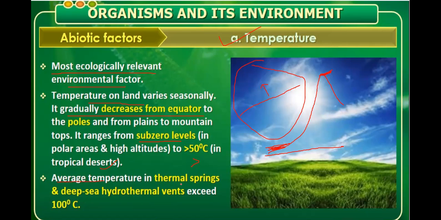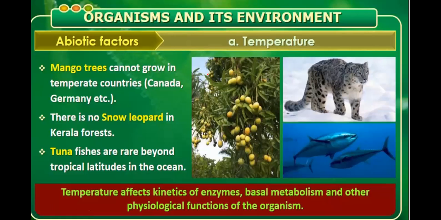The temperature in thermal springs and deep sea hydrothermal vents may exceed 100 degrees. There are some spots on Earth like deep sea and thermal springs where the temperature may be up to 100 degrees Celsius. Mango trees cannot grow in temperate countries like Canada and Germany. Why?